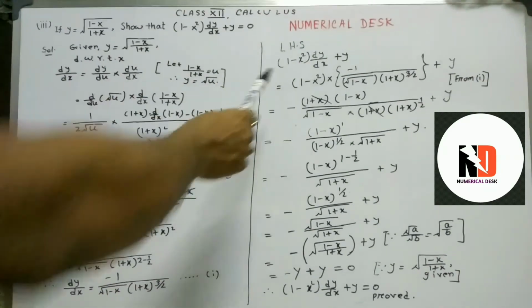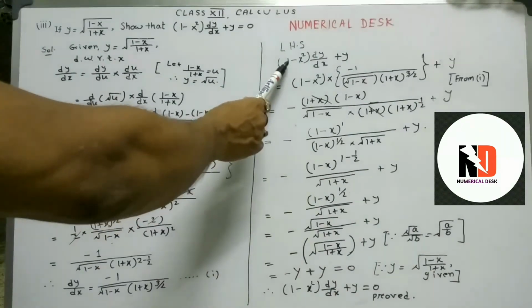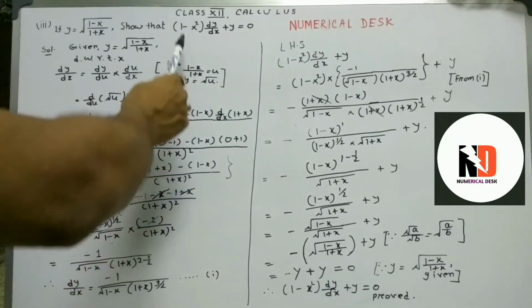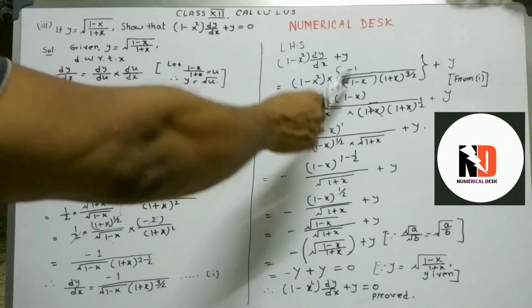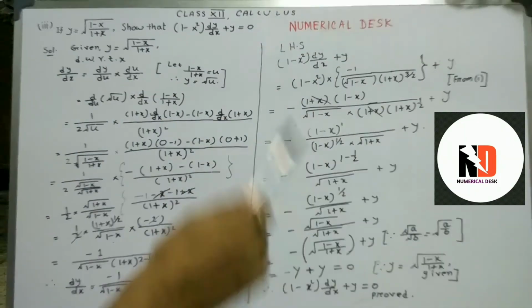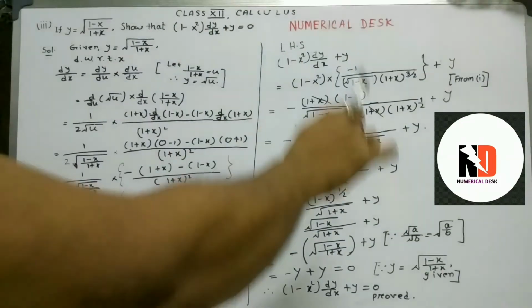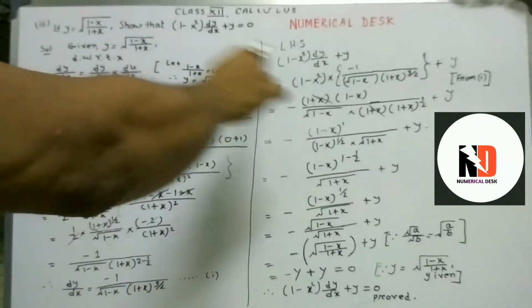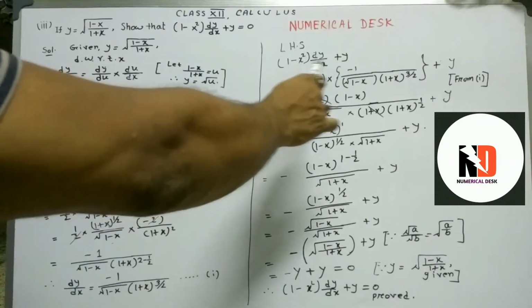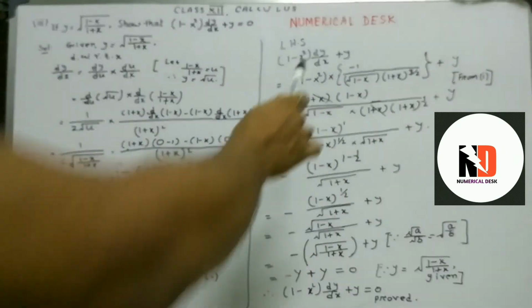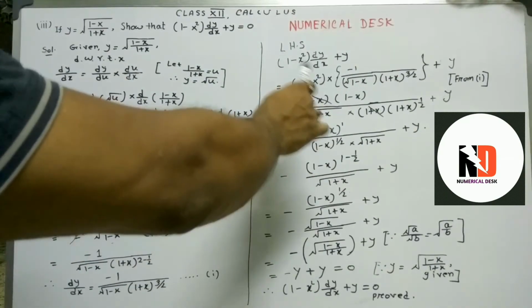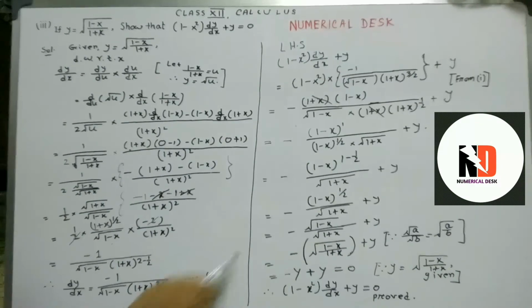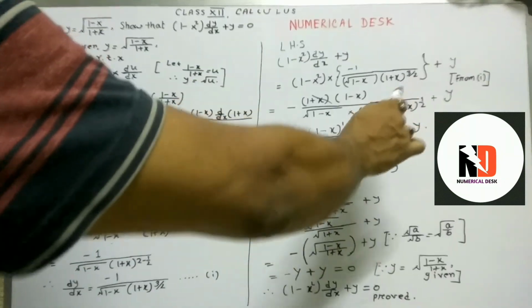Now, writing the left hand side 1 minus x square into dy by dx plus y, putting the value of dy by dx as we got in number 1. Let us substitute the value, and practice this part many times so that you can do it very quickly.